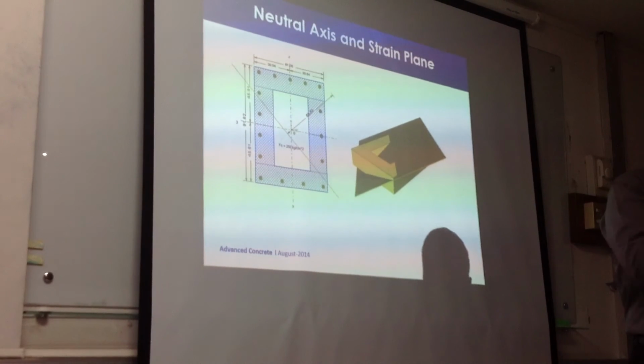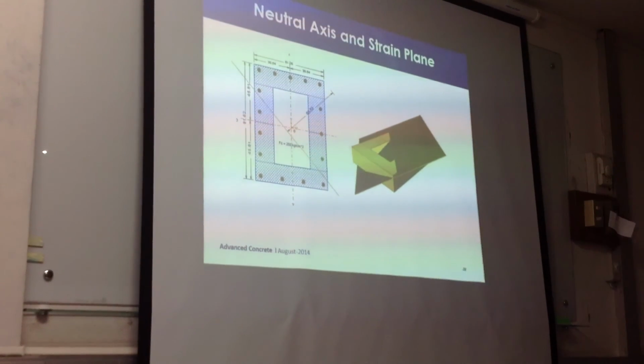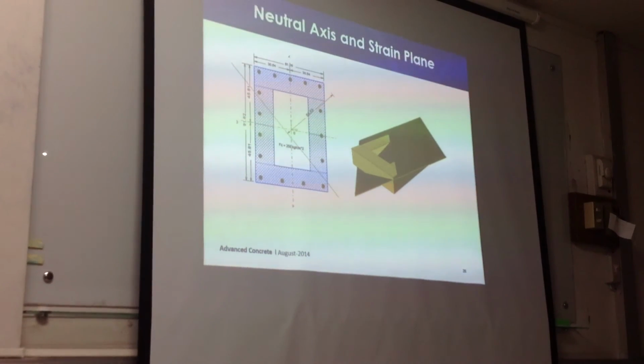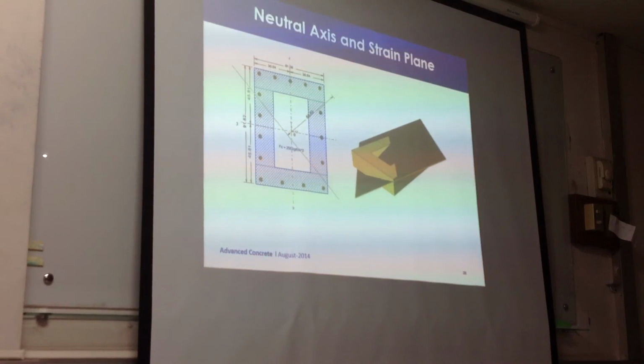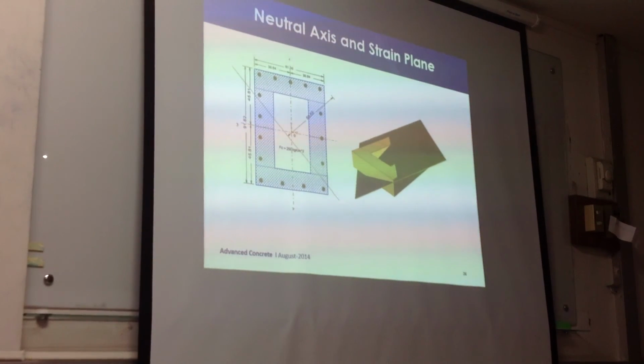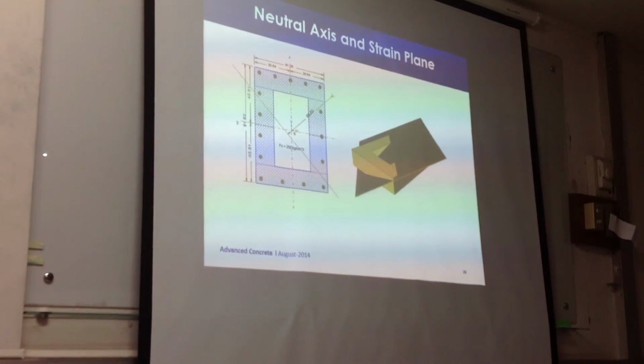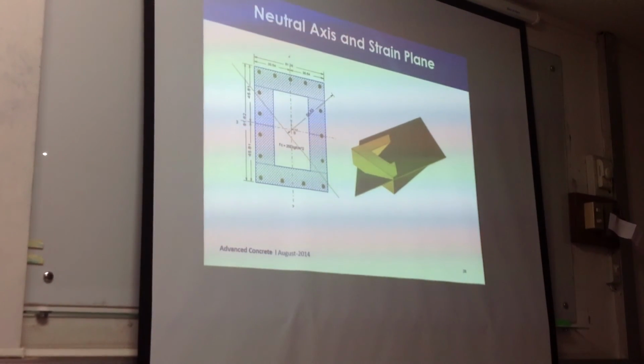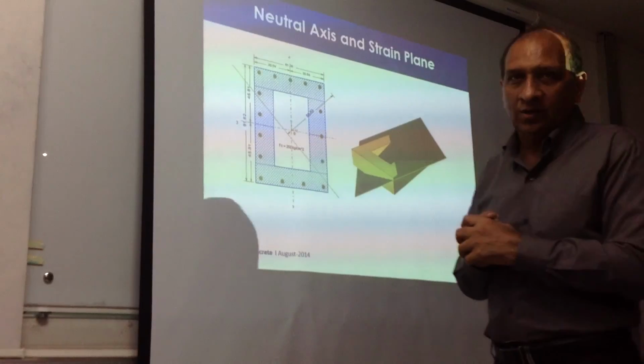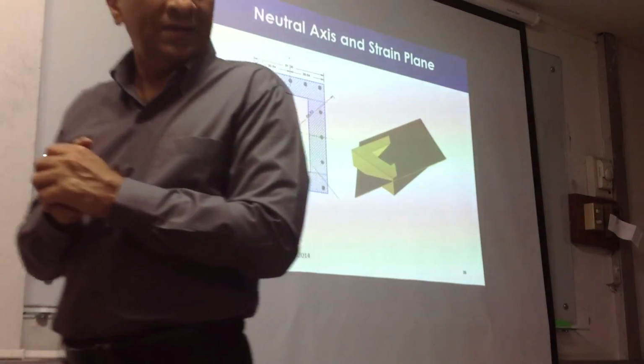So slippage or the bond slip between concrete and steel can be incorporated into that equation by considering different strain for steel and concrete at the same level. So we can assume that the steel has more strain than concrete because it's slipping, and still our equations will be fine. Right? So they are quite comprehensive, quite complete, and do not need any assumption at all. Right?